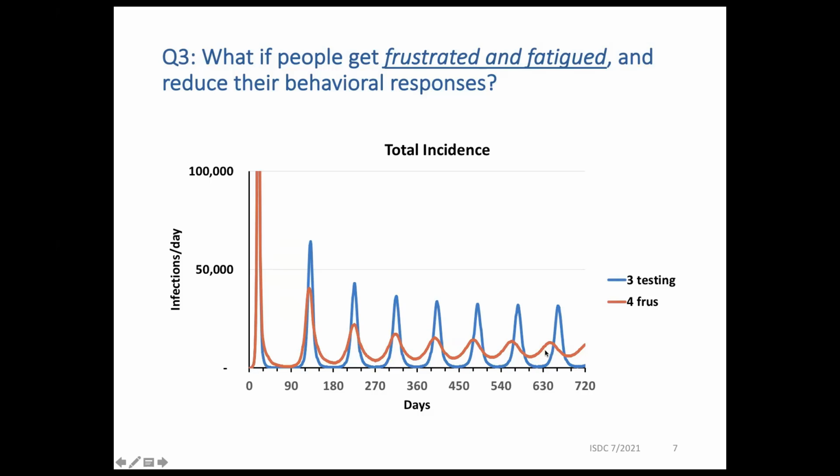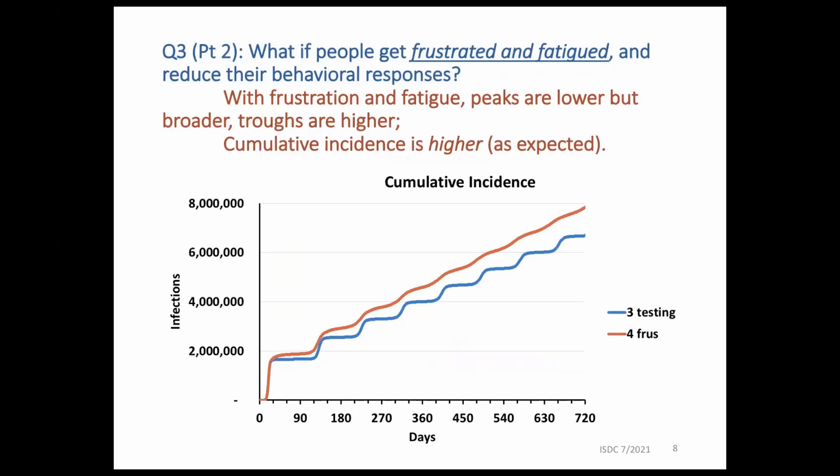But look how high the troughs are. In the fatigue frustration scenario, the incidence rate is never very high, but it also never goes down very far. And when we look at the cumulative incidence, we see that total infections over time really are increased.